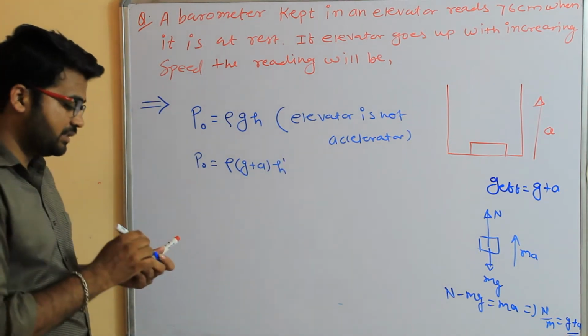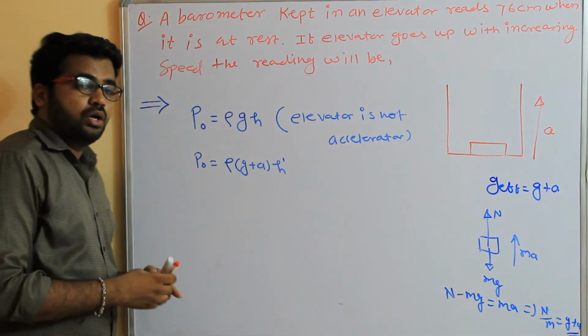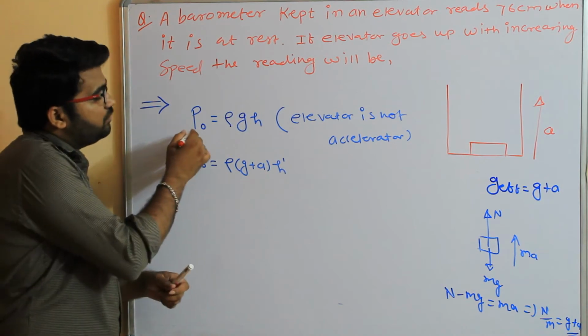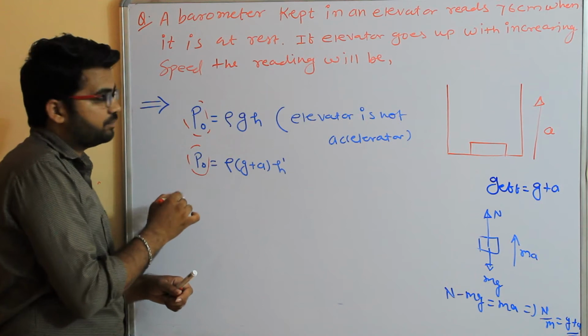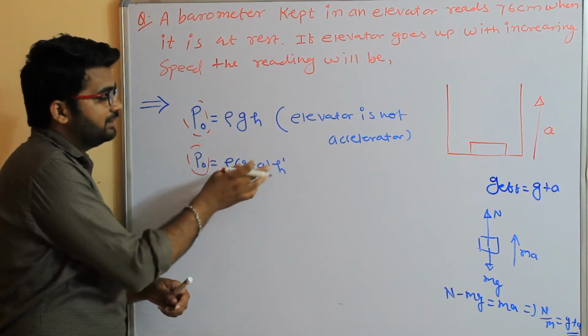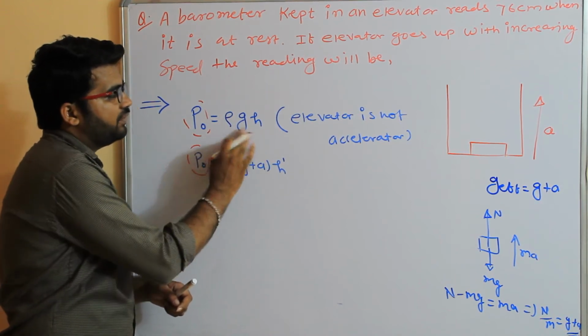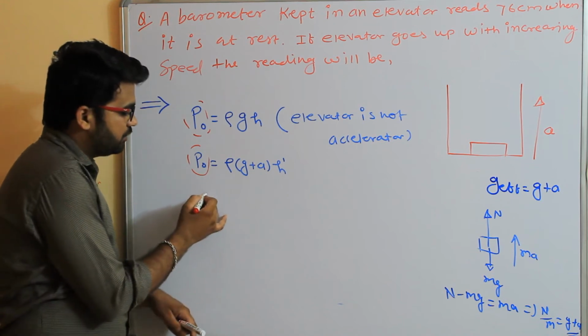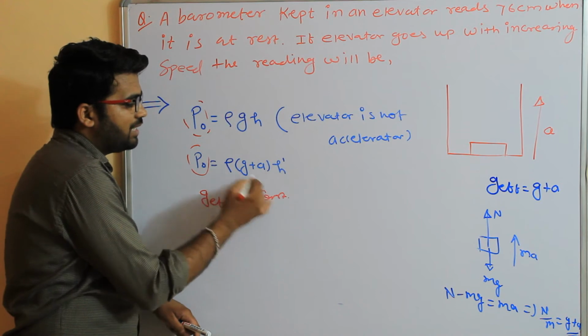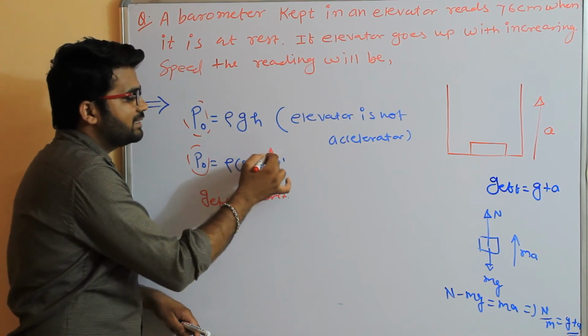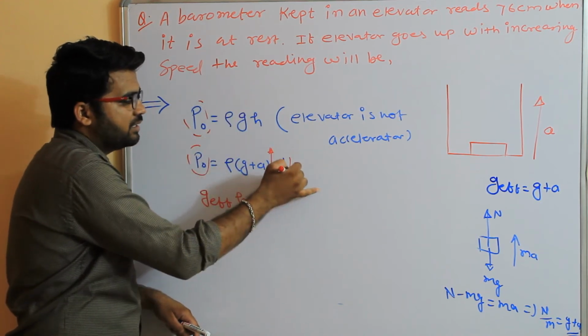h dash. Why h dash? I'll let you know. Okay, see here. Now this P naught is equal to rho g h. P naught is atmospheric pressure, and this will remain constant. As rho is constant, this g effective into h must be constant. So if g effective into h must be constant, as g increases, you can see h must decrease.